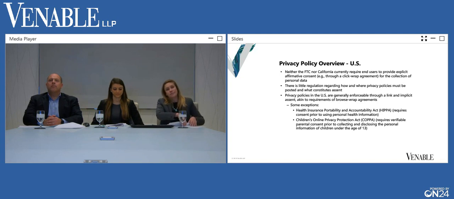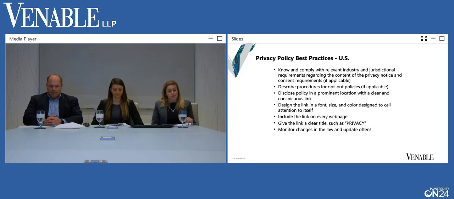We did prepare a list of best practices to enforce privacy policies in the U.S. First and foremost, you should know and comply with relevant industry and jurisdictional requirements regarding the content of your privacy notice and consent requirements that are applicable to you. You should always describe procedures for opt-out policies, if applicable.